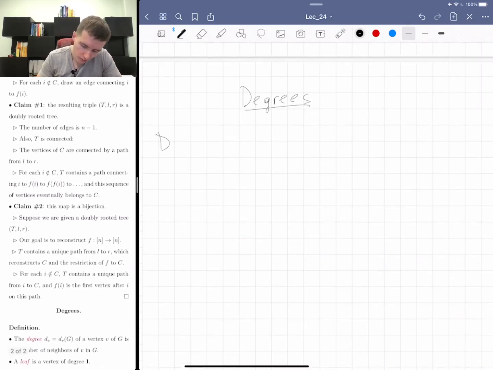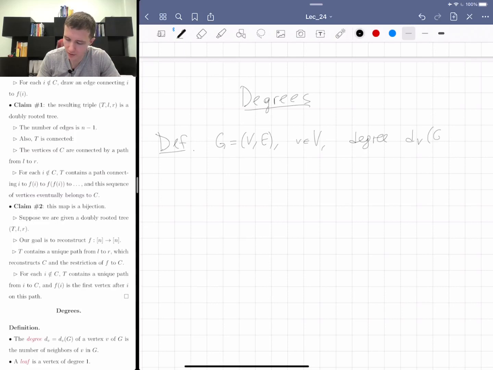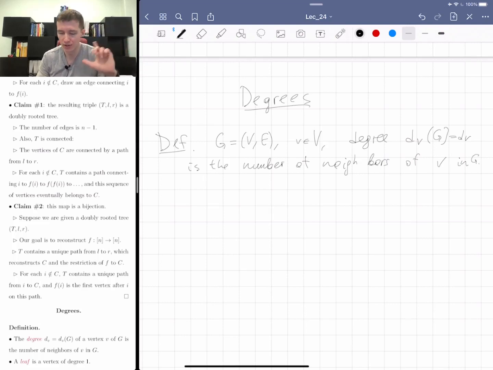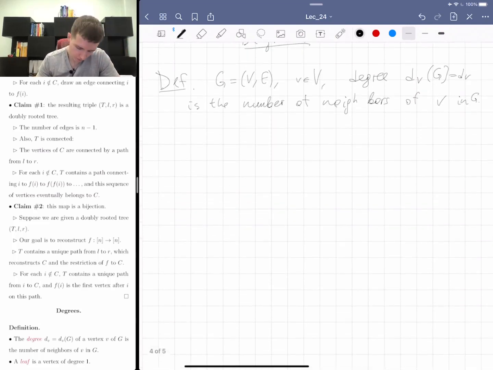By definition, if G is a graph and V is a vertex, then the degree, denoted by D sub V, which sometimes I'm going to specify the graph, sometimes I won't, is just the number of neighbors of V in G. So the number of edges which are incident to V in G.